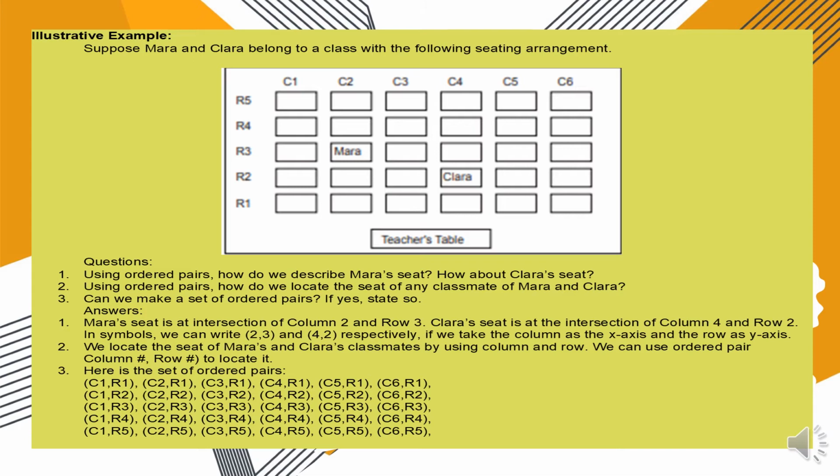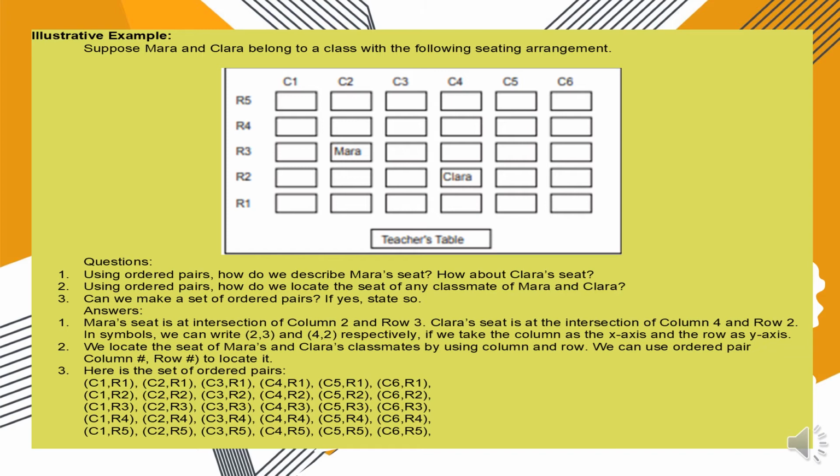If yes, state so. For the first question, we are going to locate or describe Mara and Clara's seats. So as you can see, Mara's seat. How can we describe the seating arrangement of Mara? From the row, it is in row 3 and column 2.